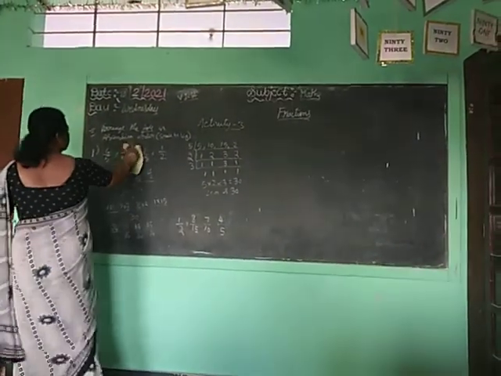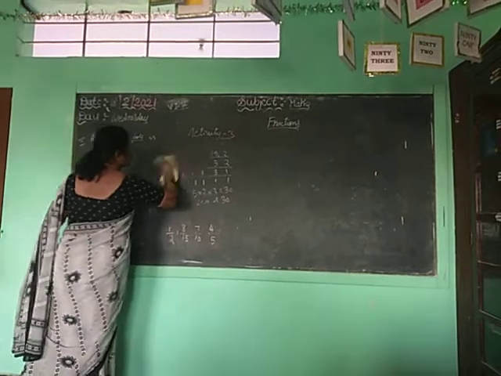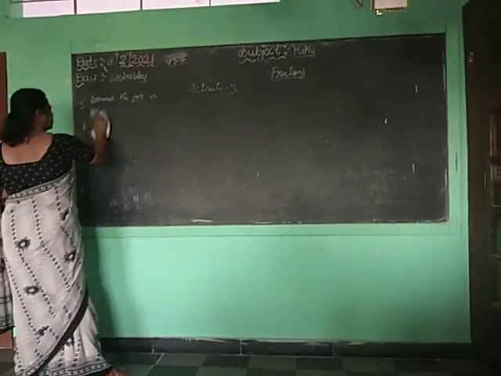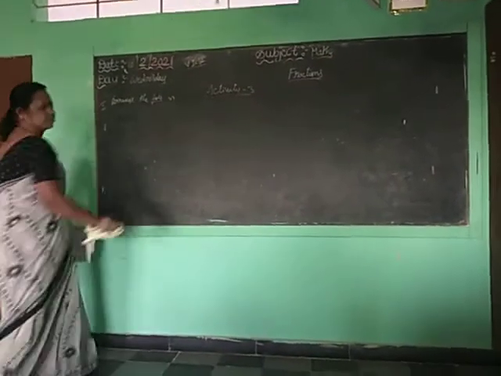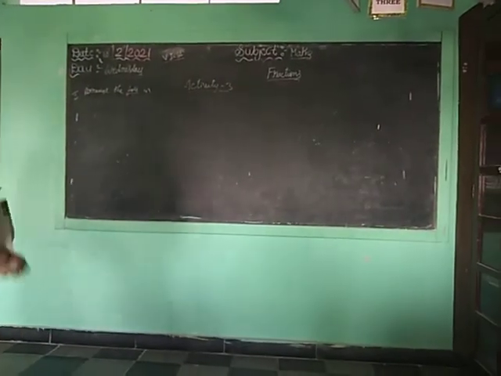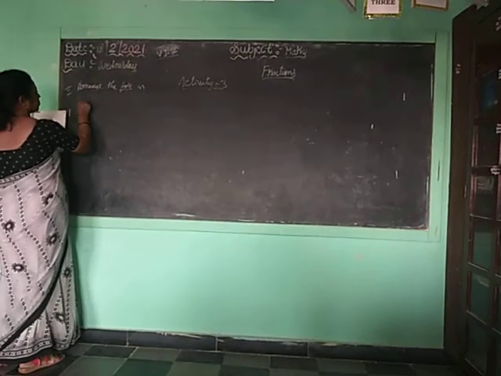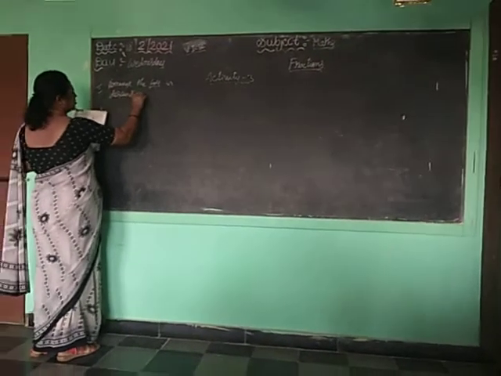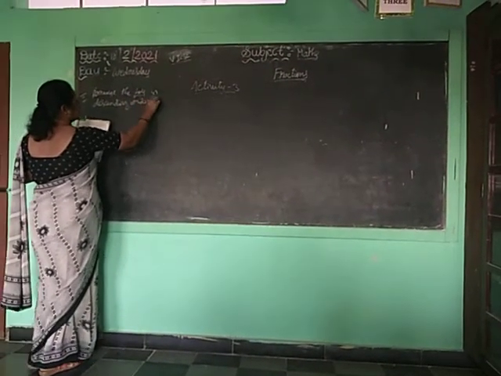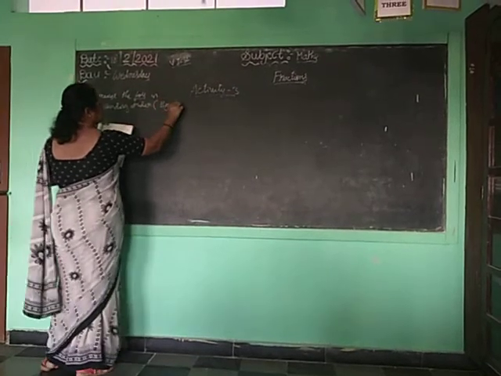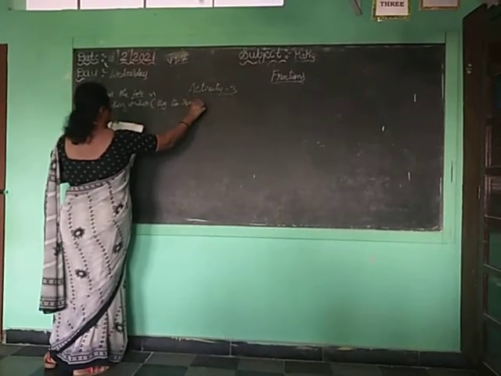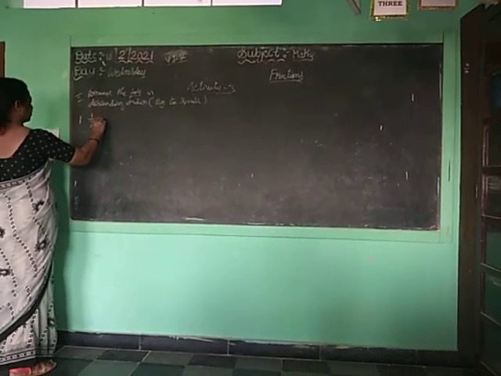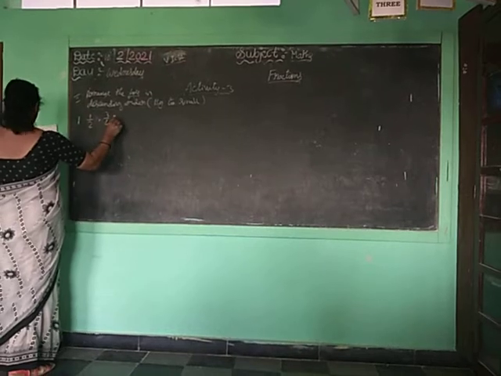Descending order means big number to small number. Arrange the following in descending order. That is big to small. 1 by 2, 3 by 4, 5 by 8.